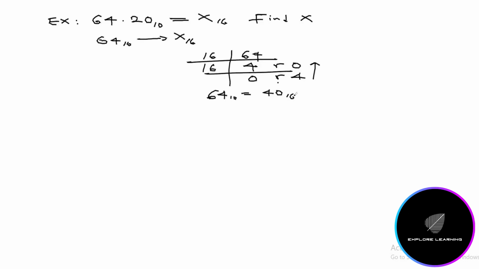So the second part is, let's find the hexadecimal equivalent of 0.20 base 10. So the next thing we need to do, we need to say 0.20 multiply by 16.